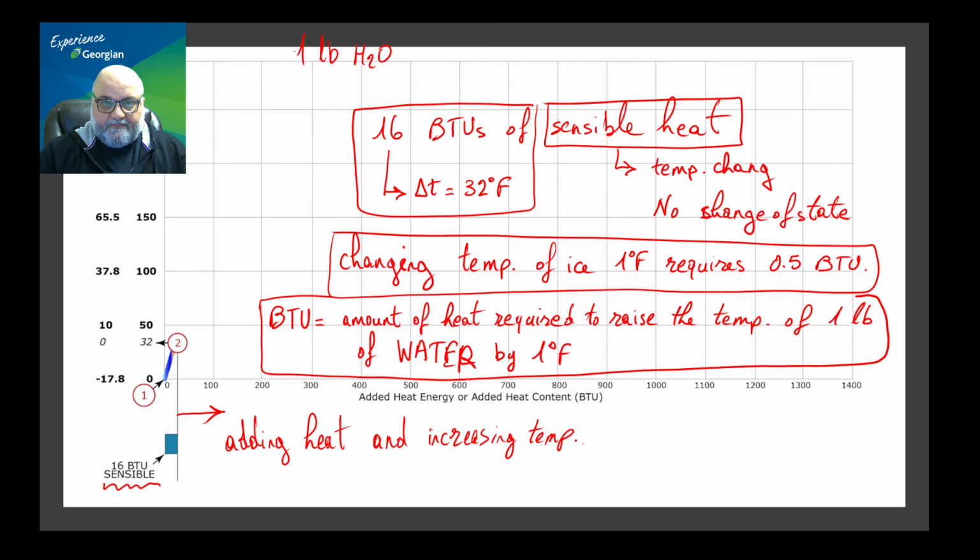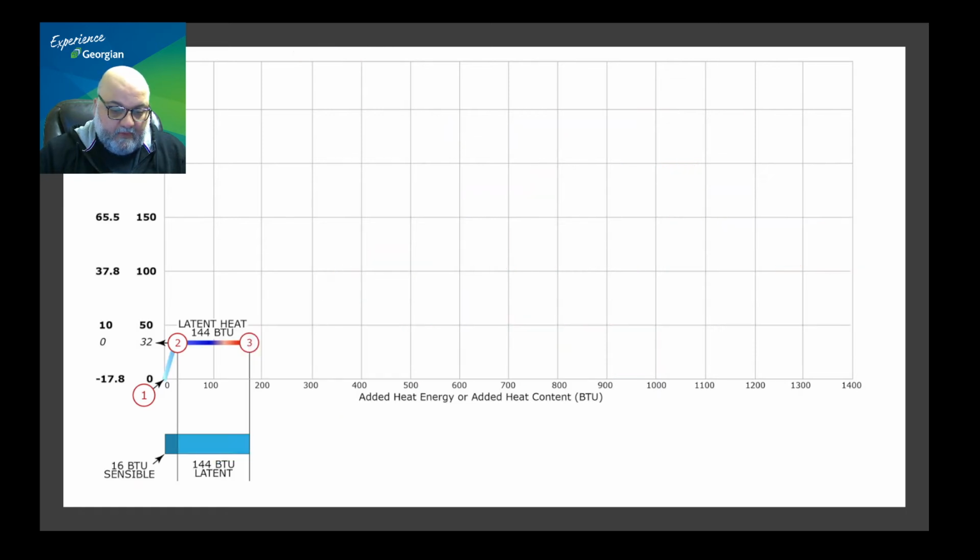What will happen to that 1 pound of H2O at 32 degrees, which we agreed is still in ice phase, when we move forward. All right, so what will happen is by adding that heat to the point where ice is at 32 degrees Fahrenheit, we caused a change of state.